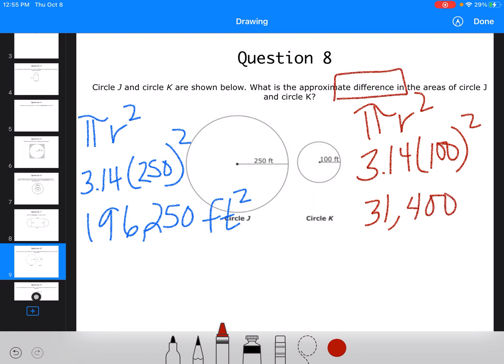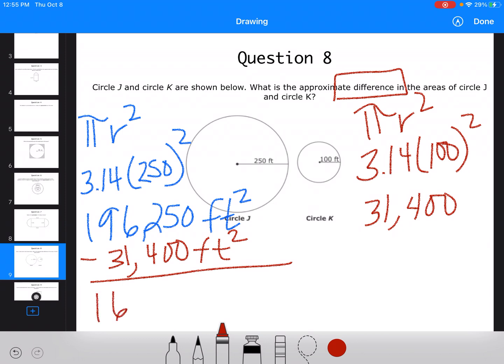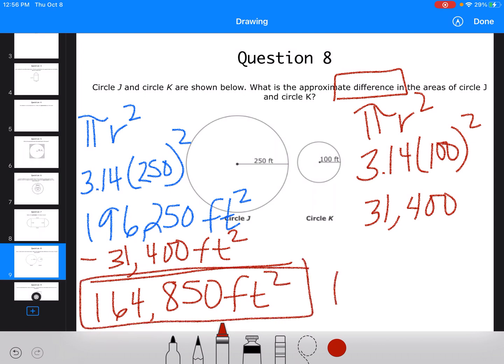So I'm going to subtract, 196,250 minus 31,400. And I get 164,850 feet squared. So that's going to be my final answer.